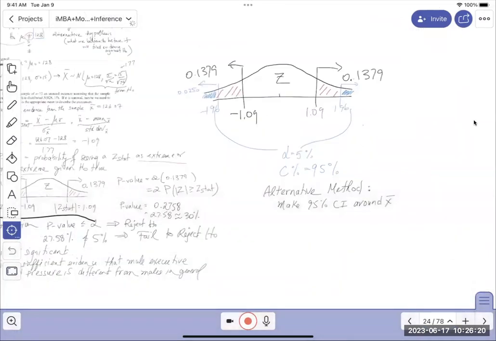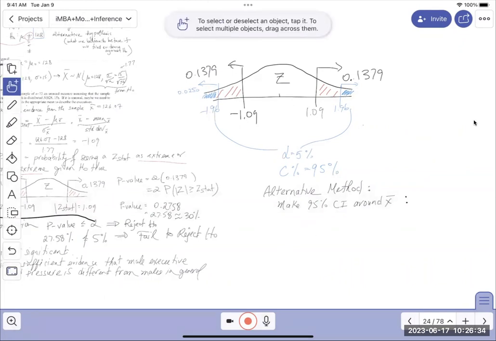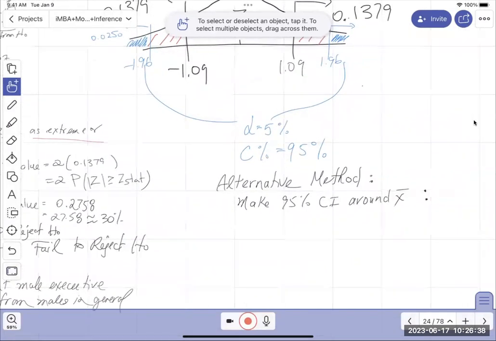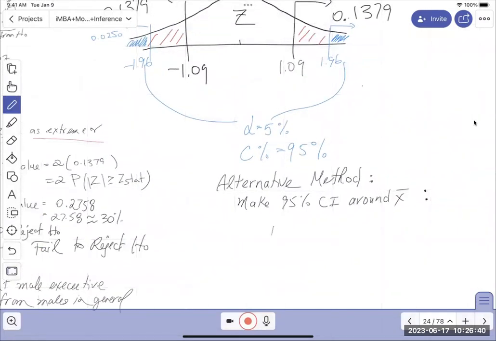So we're going to make a 95% confidence interval around X bar. So X bar was 126.07. So let's remember the formula for that.